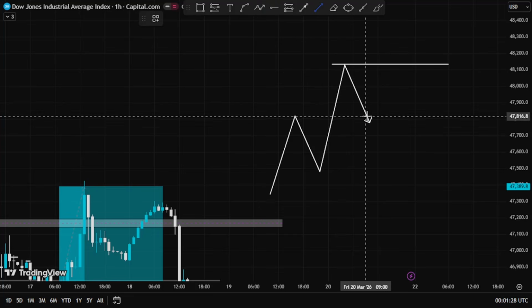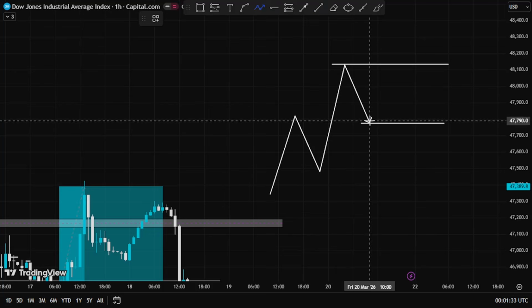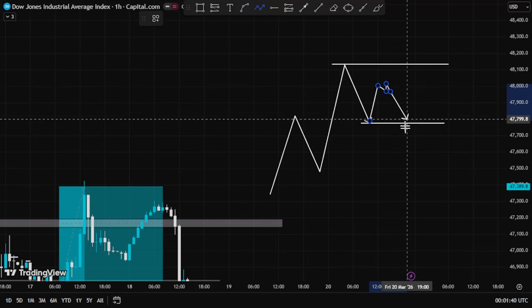It shouldn't stop between this, right? So it shouldn't come here, because then you can see that buyers and sellers have started fighting. This is usually a sign that price wants to change trends.